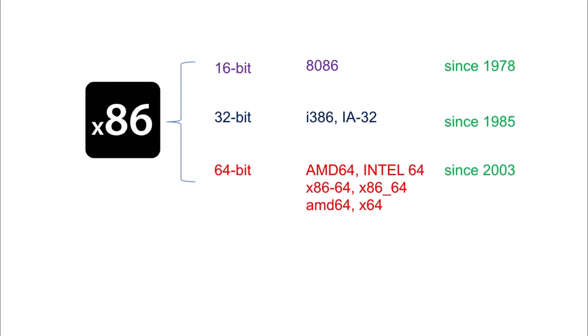The one we designated as the option of the program objdump is 8086, which is the 16-bit version. One very important feature of the x86 family is it is backward compatible, which means, for example, you don't need to do anything to run a 32-bit version program on a 64-bit machine.